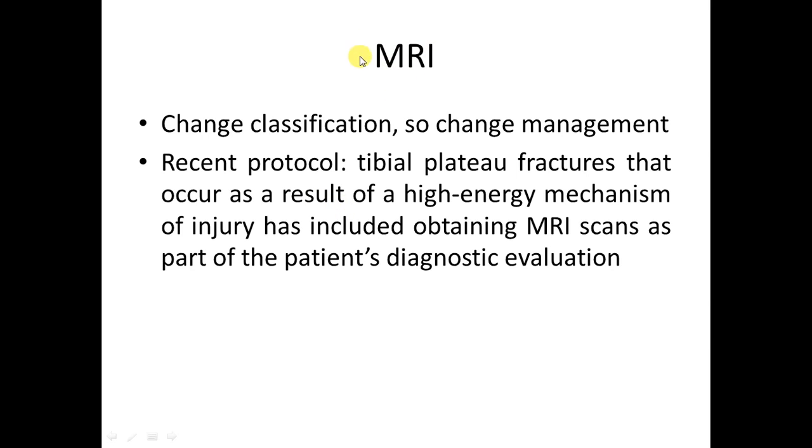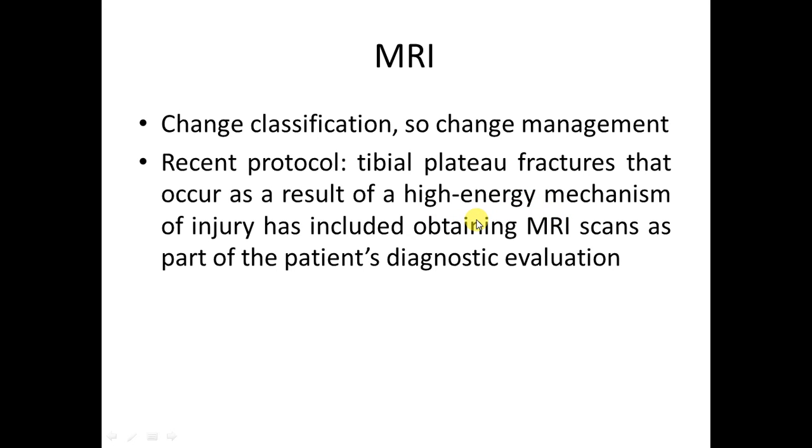MRI: a lot of debate about MRI, but a lot of articles found that MRI changed the classification. MRI adds a lot of ligamentous injury, so the management protocol changes. Now, in a lot of trauma centers, MRI is requested for all high energy tibial plateau trauma.